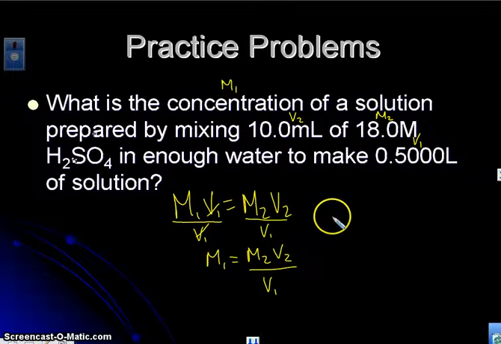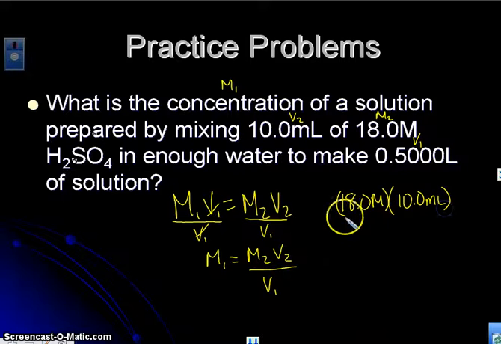Now we can set it up with the numbers: 18.0 molarity and 10.0 milliliters, and then we want to divide by our V1, which is 0.5000 liters. And you can see right away that we're going to have a problem. Our milliliters will not cancel liters and leave us with the unit of molarity, which is what we need.